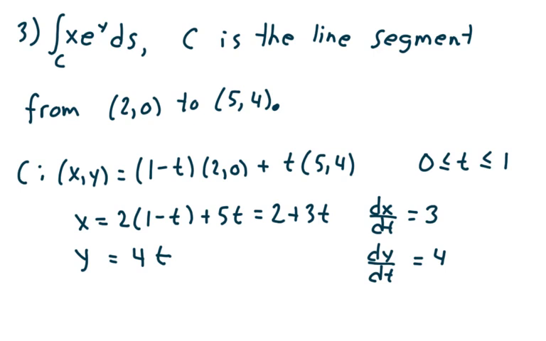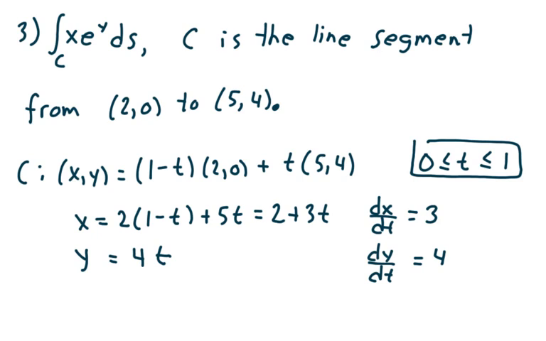And t is between 0 and 1. That's the restriction on t. And if you notice, when t is 0, you get the ordered pair (2, 0), because that second term drops off. When t is 1, the first term drops off, and you get the ordered pair (5, 4).